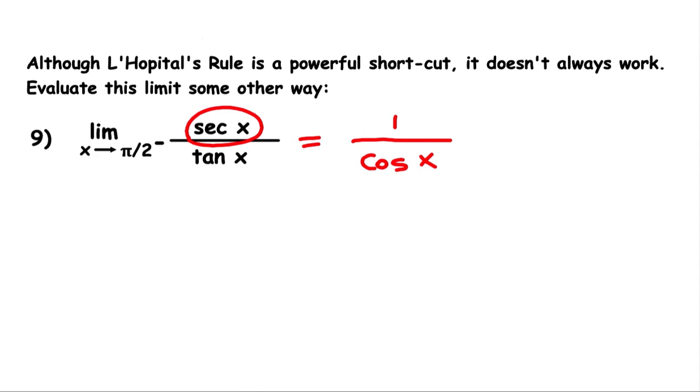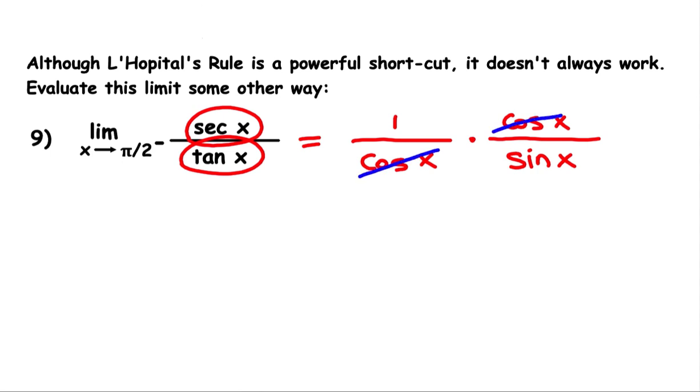Of course, realize this isn't really a tan, it's a 1 over tan. It's a cotangent. And cotangent is not sine over cosine, it's cosine over sine, which is absolutely fine by me because the cosines cancel. And now you're just left with 1 over sine of x.